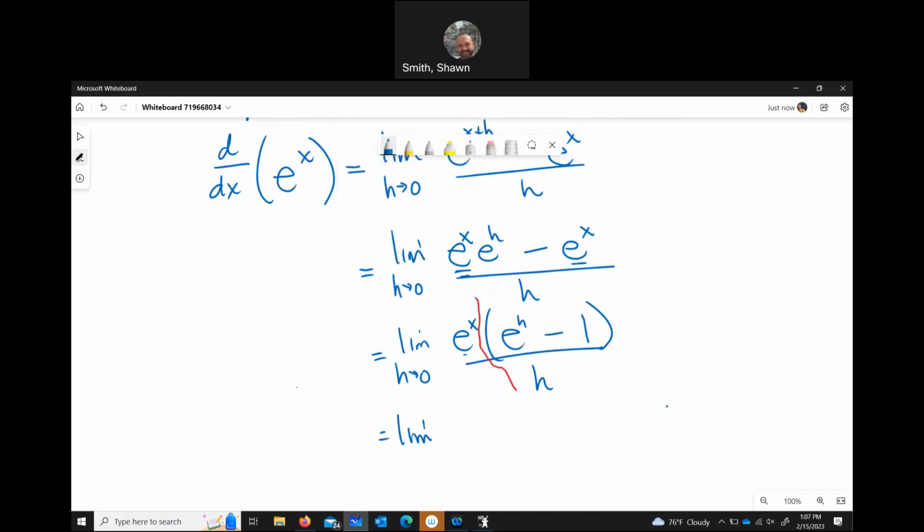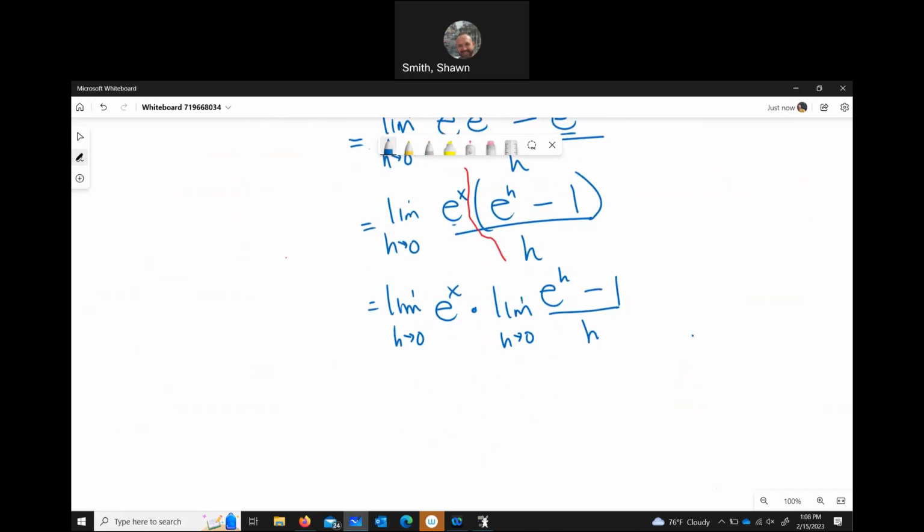So we have the limit as h goes to 0 of e to the x multiplied by the limit as h goes to 0 of e to the h minus 1 over h. And we already know from what I just showed you earlier, it really wasn't a proof, but we assumed it, that this is equal to 1.